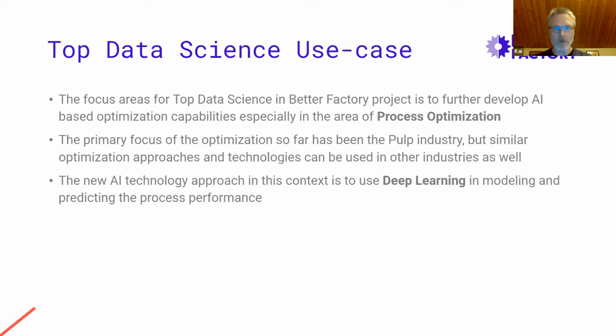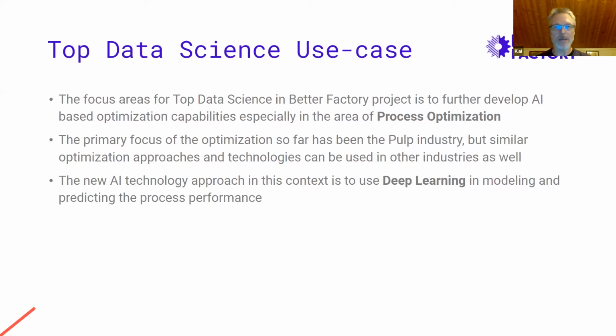Our primary focus, from where we have started this technology development and co-creation, has been the pulp industry, where we are serving with this same core technology an industrial customer with multiple sites in multiple countries, and the development around that is continuous.